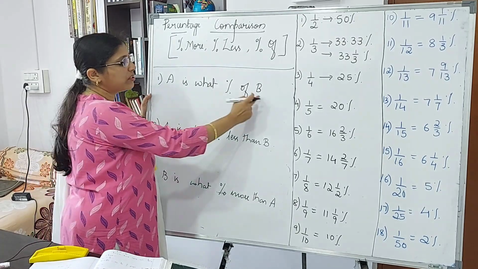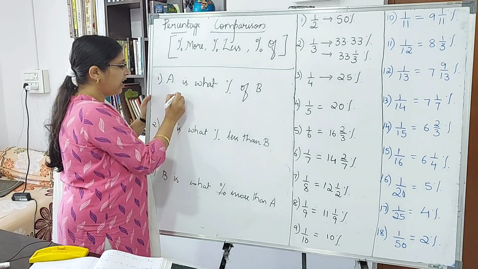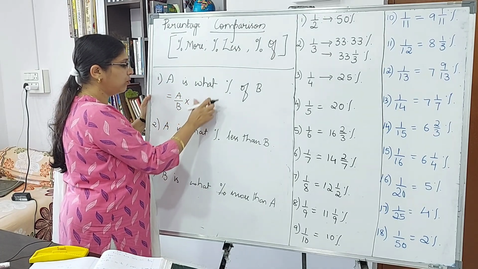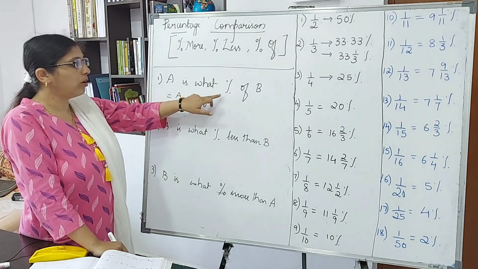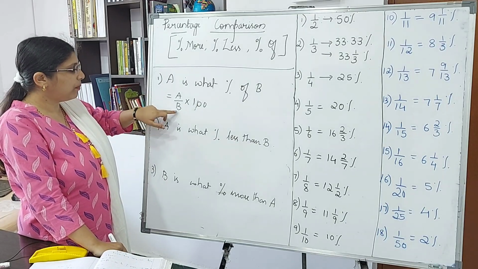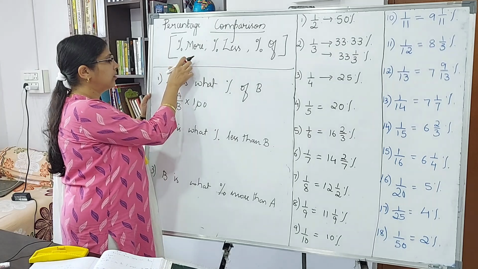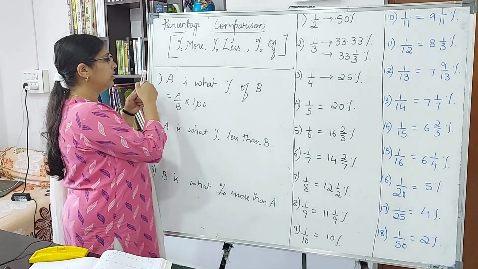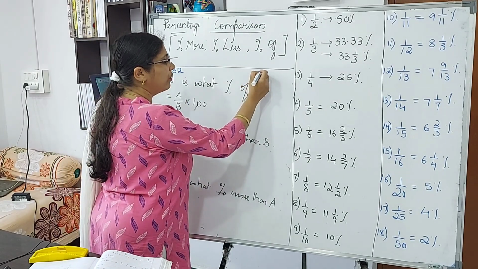When A is what percent of B is asked, this is nothing but A by B into 100. Okay, when it is asked A is what percent of B, then we can directly say A by B into 100. Now, for example, if it is 32 is what percent of 80?